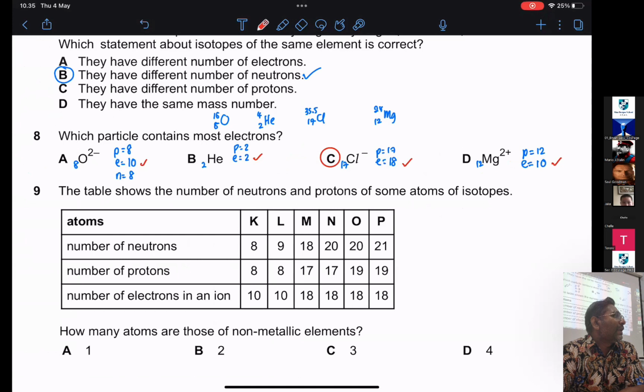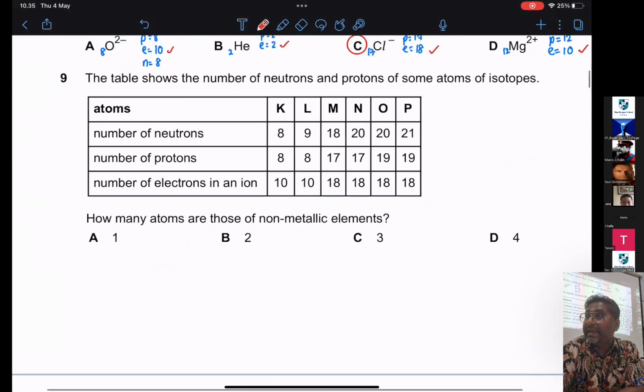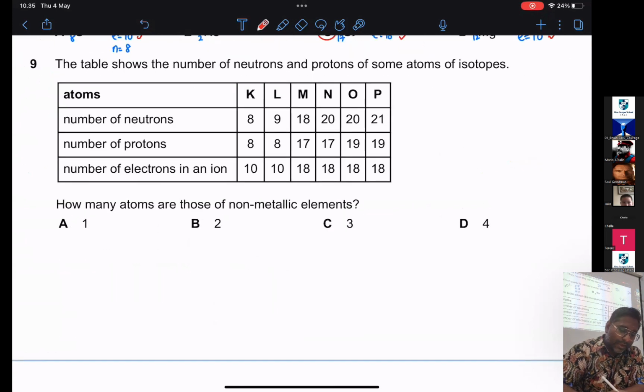I will skip the neutron part over here because they want electrons only. So proton 2, electron 2 also. Proton 17, electron supposed to be 17, but because of negative, it's going to be 18.